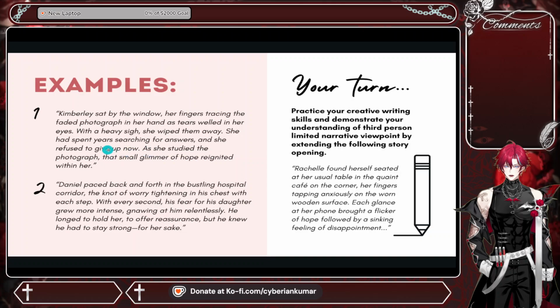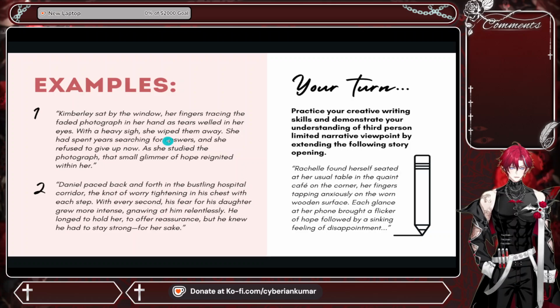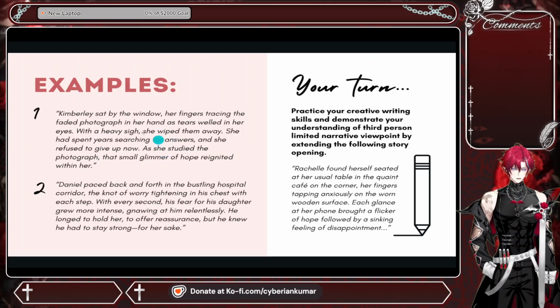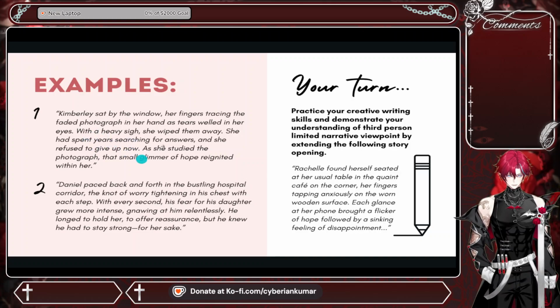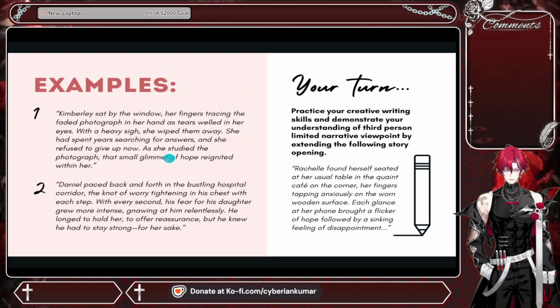She had spent years searching for the answers, and she refused to give up now. As she studied the photograph, that small glimmer of hope reignited within her. So this is a third person perspective, but a third person limited perspective. I'm focusing on Kimberly in here. You could extend on this and try to see what happens from there.